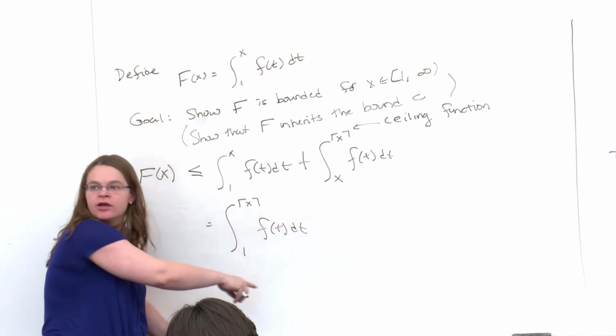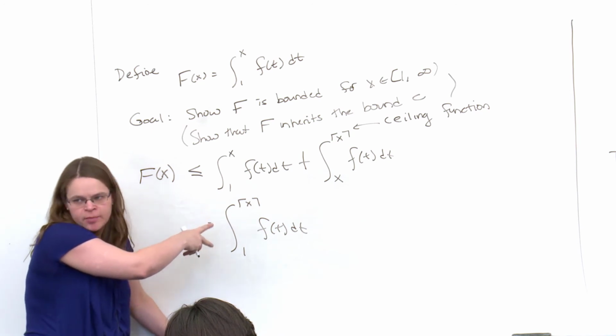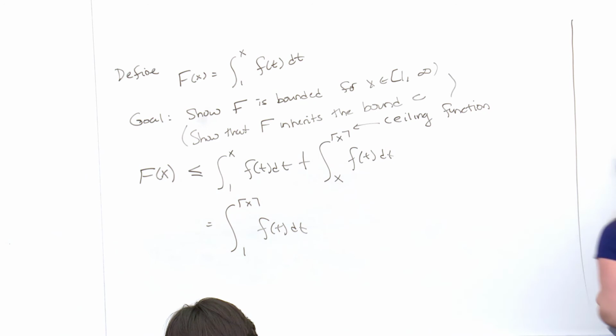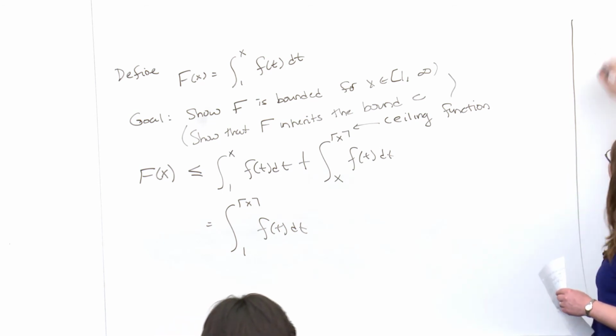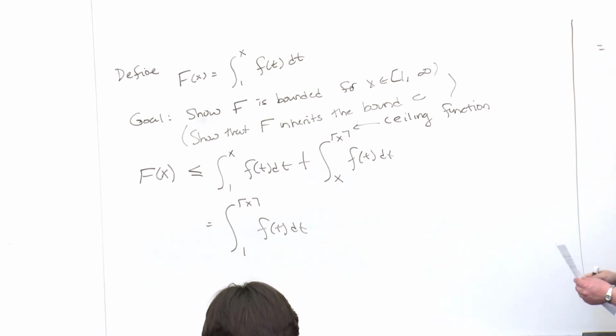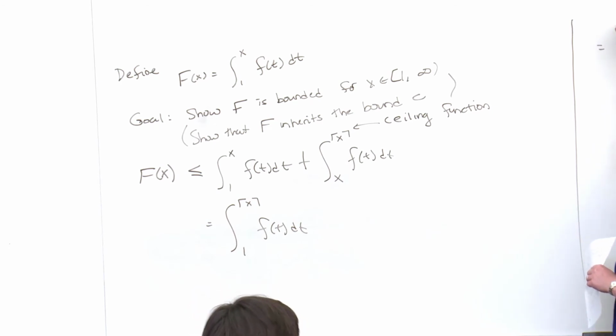Again, this guy is locally integrable. There's no big deal integrating him on this. This is perfectly well defined. But I want something that looks like a series. So let's try to write it like a series. We're going to take our series where k goes from 1 to ceiling of x minus 1.